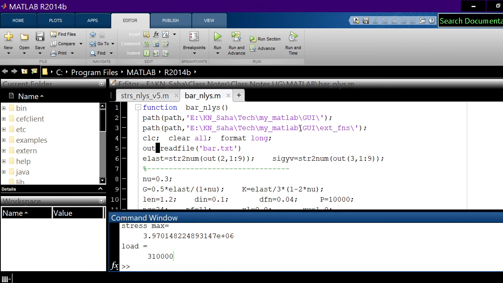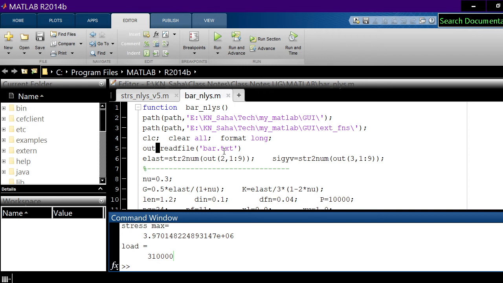They will be called from this code. Such functions will get invoked. If you do not include the path name in your program, you will get some error message.